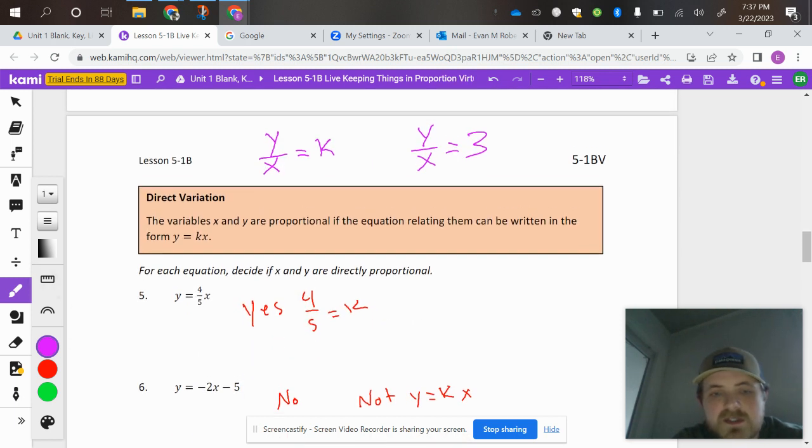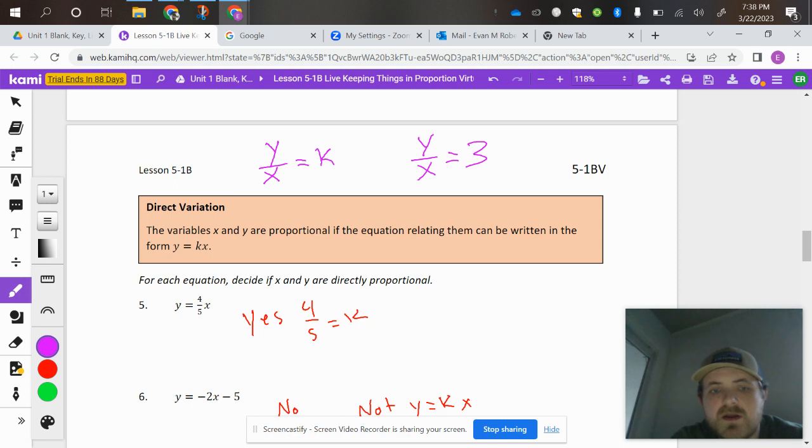So when you can divide x and y and get the specific number. In this case, you could write it as y over x equals 4 over 5, and then that 4 over 5 is in that k spot.